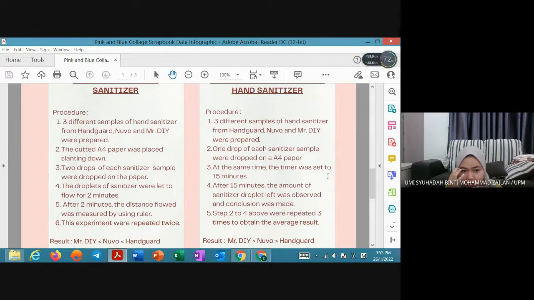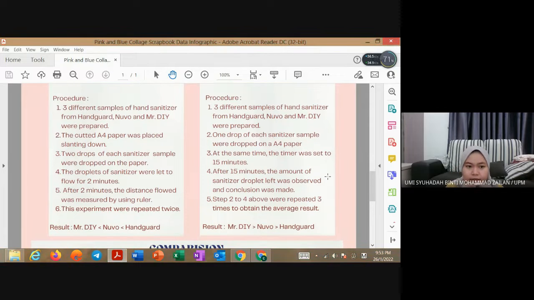Then we cut A4 paper and placed it slanted down. Two drops of each hand sanitizer sample were dropped on the paper and left to flow for 2 minutes. After 2 minutes, the distance flowed was measured using a ruler. This experiment was repeated twice.